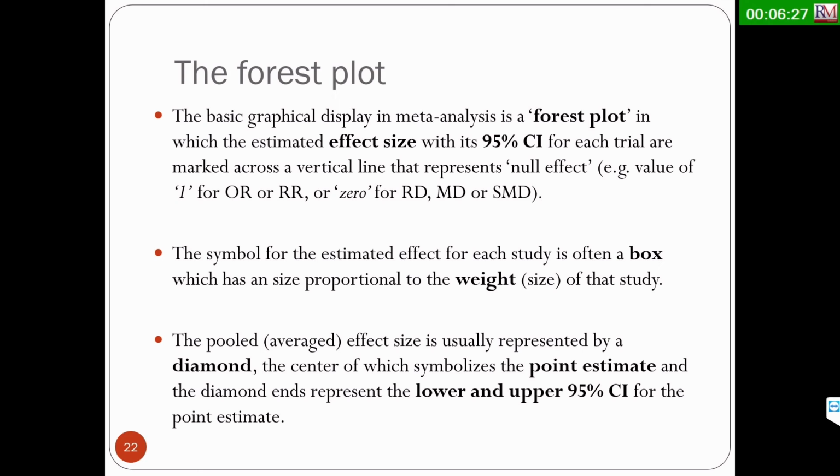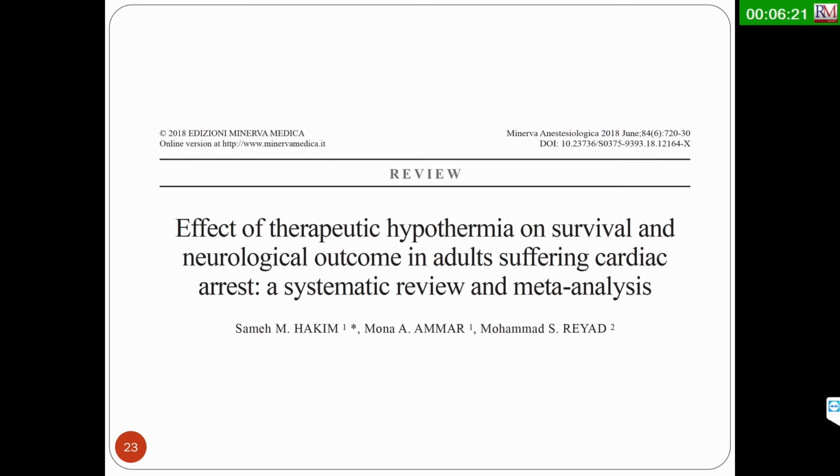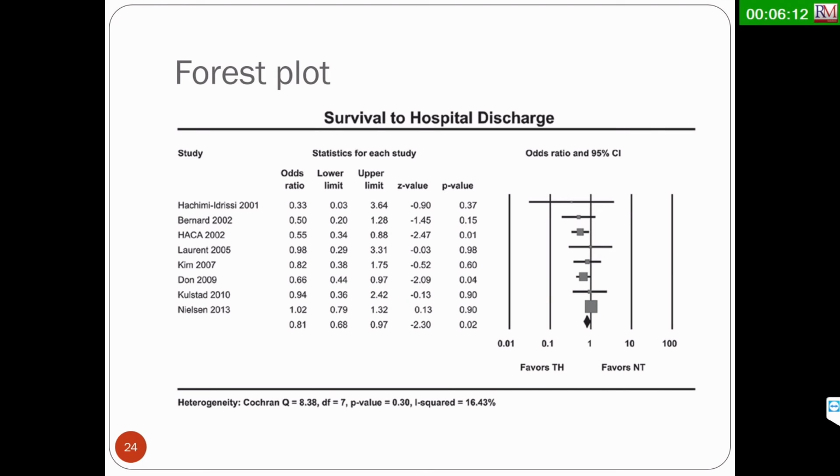The second most important thing, or actually the most important in the meta-analysis, is the forest plot. This summarizes the effect size. This is a study on evaluation of the role of hypothermia post-arrest on survival and neurological outcome. Here, this is the forest plot. For each study, you put the odds ratio, and the lower and upper limits of the confidence limits of this odds ratio.